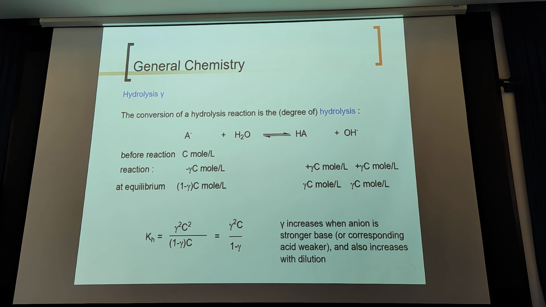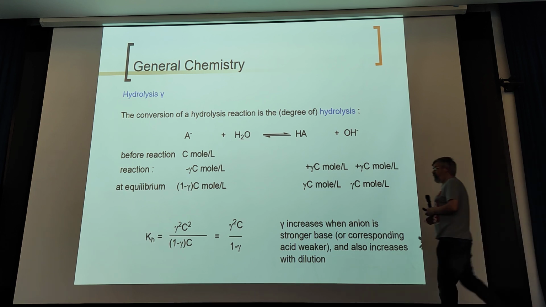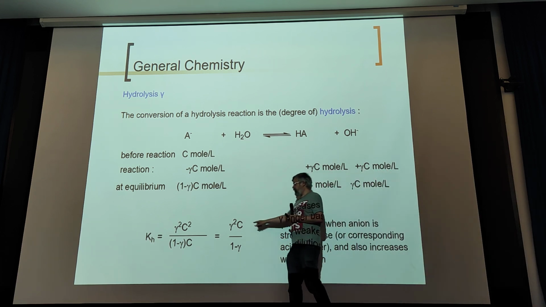Of course, if the anion is a stronger base, you can expect that more OH minus will be formed. You will have more conversion, and so this is also to be expected. It is also increased by dilution, because we have this concentration term here.